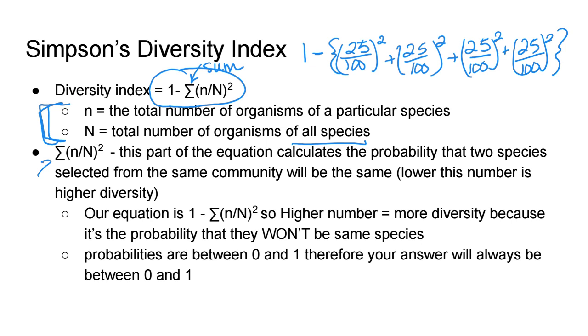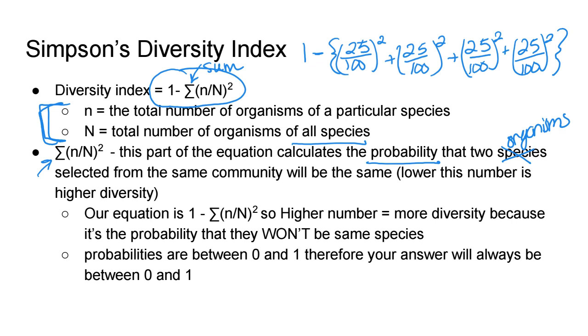So this sum portion here, where we take the number of organisms of the particular species over all the species and square it, calculates a probability for us. It calculates the probability that if I select 2 organisms from the same community, they will be the same species.